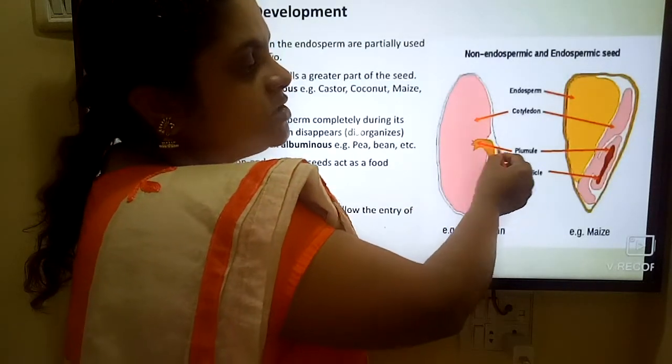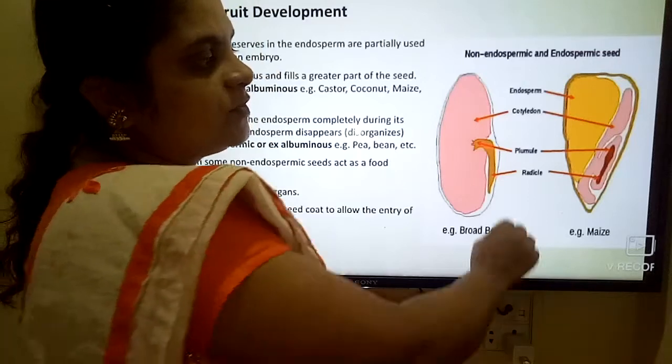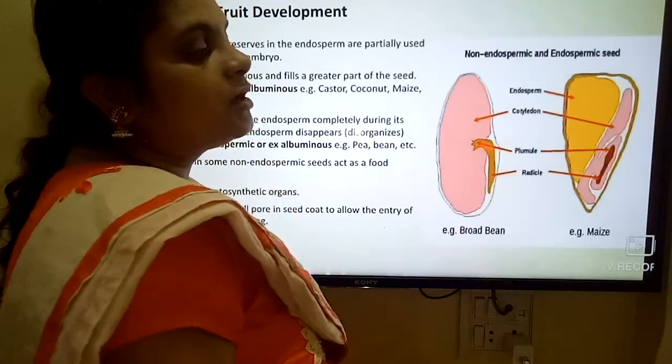This is the plumule and radicle, which are part of the embryo.